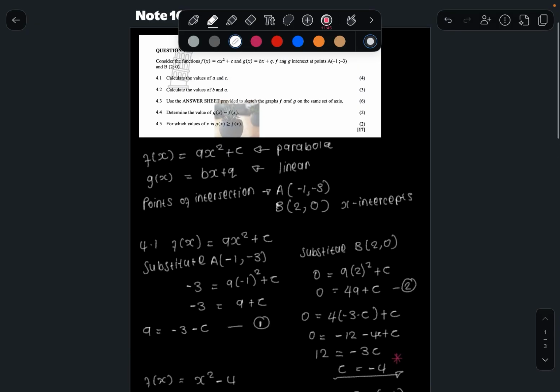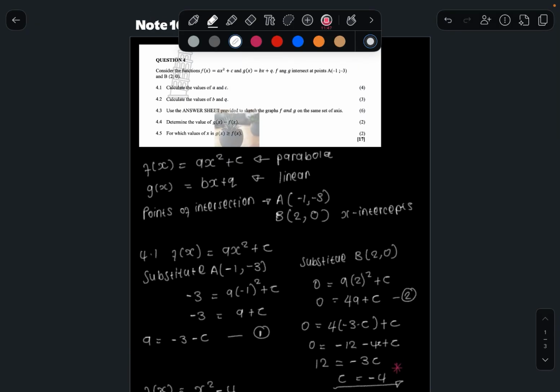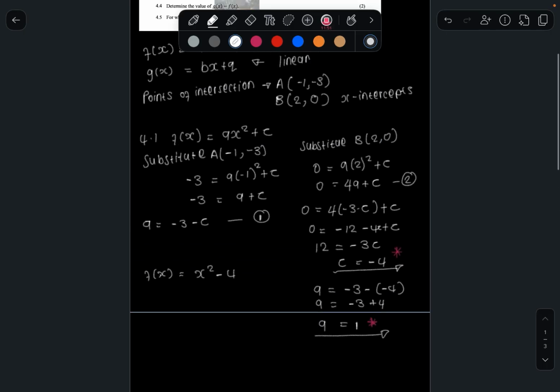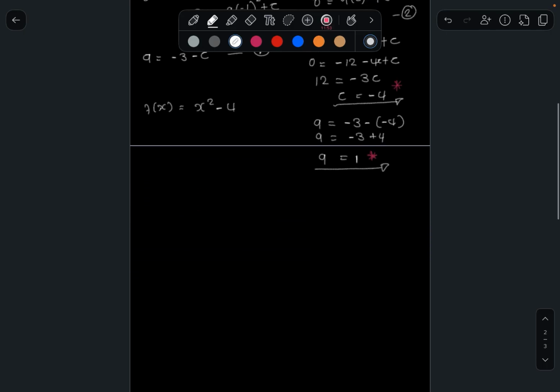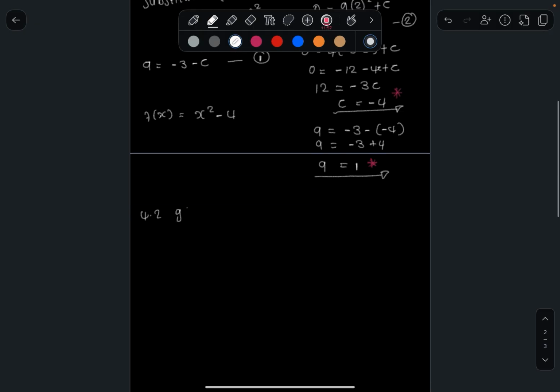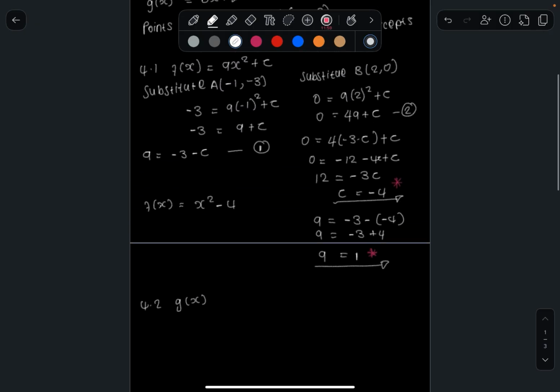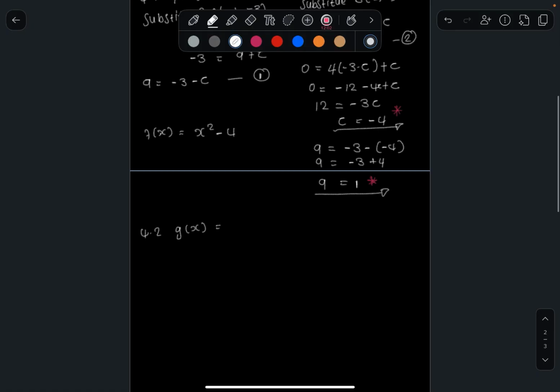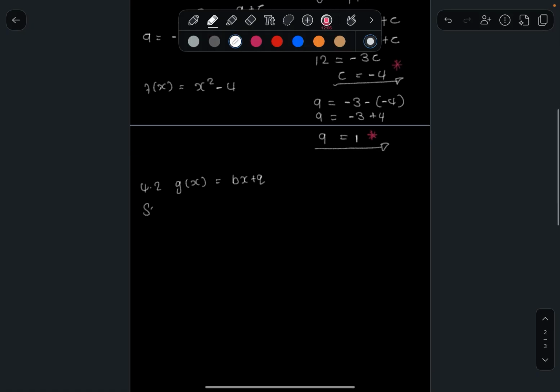Okay. Question 2, calculate the values of p and q. So it's the same concept, different graphs. So 4.2, we know that g of x is equals to bx plus q. Same concept, substitute negative 1, negative 3.